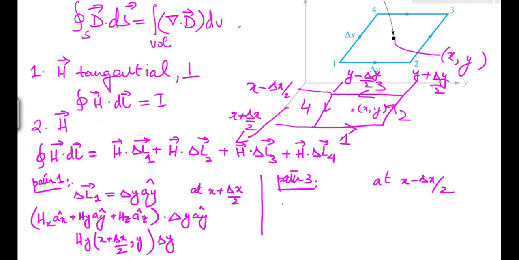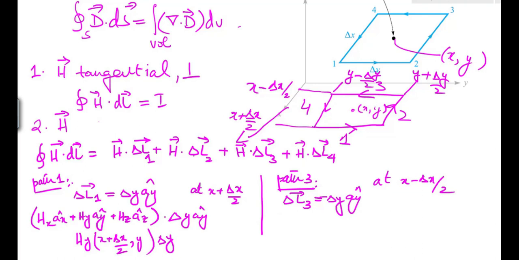Now for path 3, first you have to write path 3. Again the magnitude is delta y. This path has a magnitude which is the change in y. The x is not changing, only the y is changing. So this has a magnitude delta y, and it is in the direction of negative y. So this negative sign is because of the negative y direction. You can see here that this length is in the negative y direction.